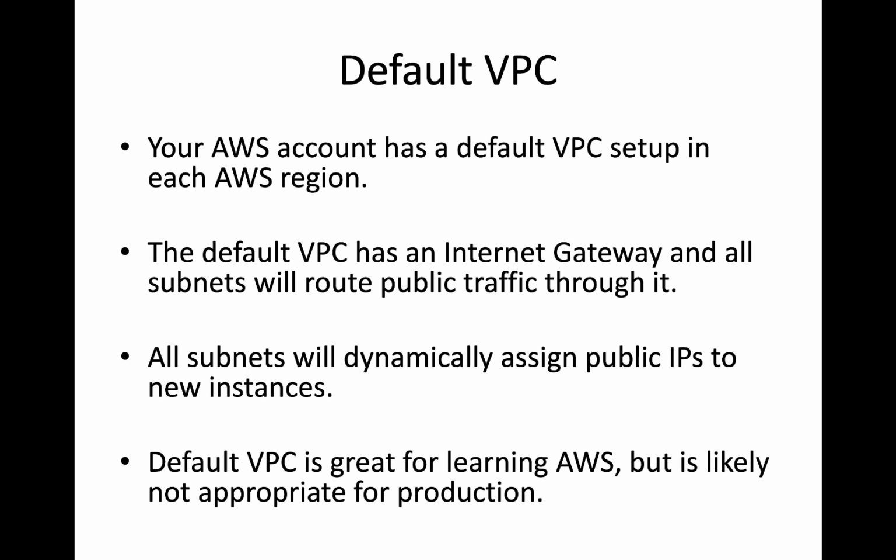In fact, I would either disable the default VPC or potentially even delete it altogether if I was in a corporate setting, because the default VPC is not configured appropriately from a security standpoint for use for your business resources.